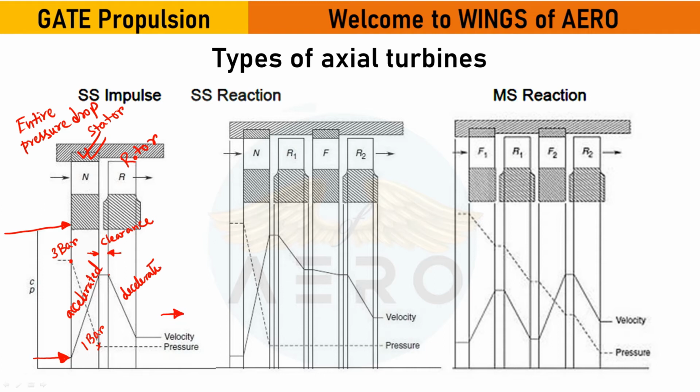Here we are saying nozzle and stator, so do not get confused. In the case of the axial compressor, we have seen the rotor and the diffuser, or we have said the stator, and here we name it the stator or the nozzle.